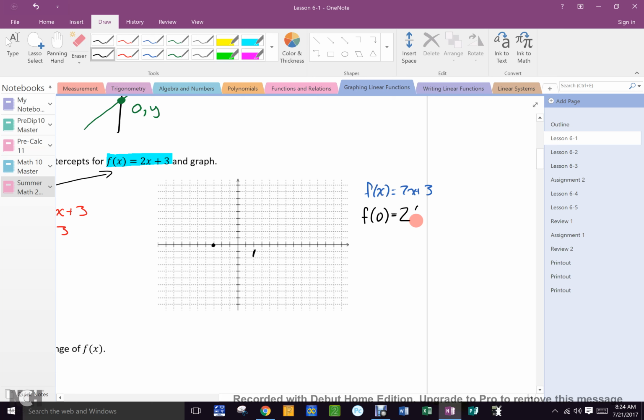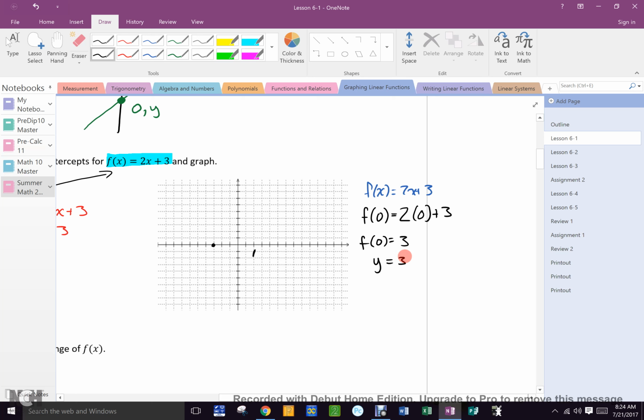Okay, so what is the f of 0? And f is our y value, isn't it? So our y equals 3. So where do I put the other dot? At 0, 3.